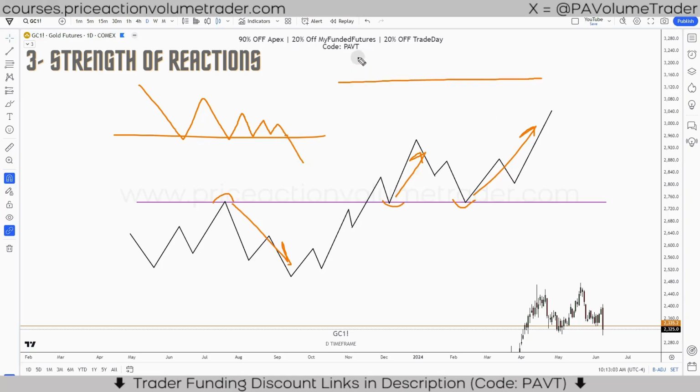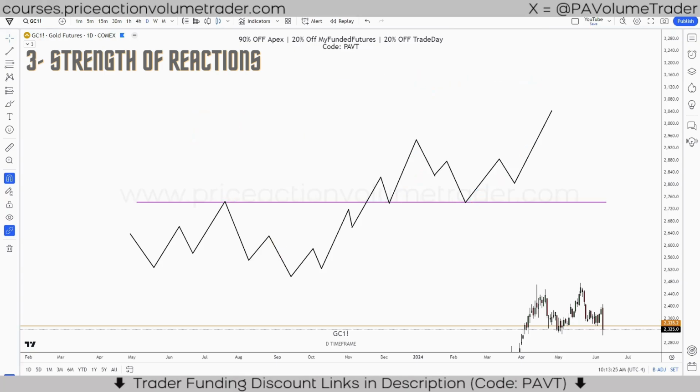Or if we have a level with just very weak bounces from either side, then we're pretty much just chopping around that level, and I would just discard it, because for me, there's not a real sense that this is giving us any significant reactions, and we're just trading through this whole area. So I would just stop using that level. But again, just measuring how strongly market moves off from a level once it is tested.